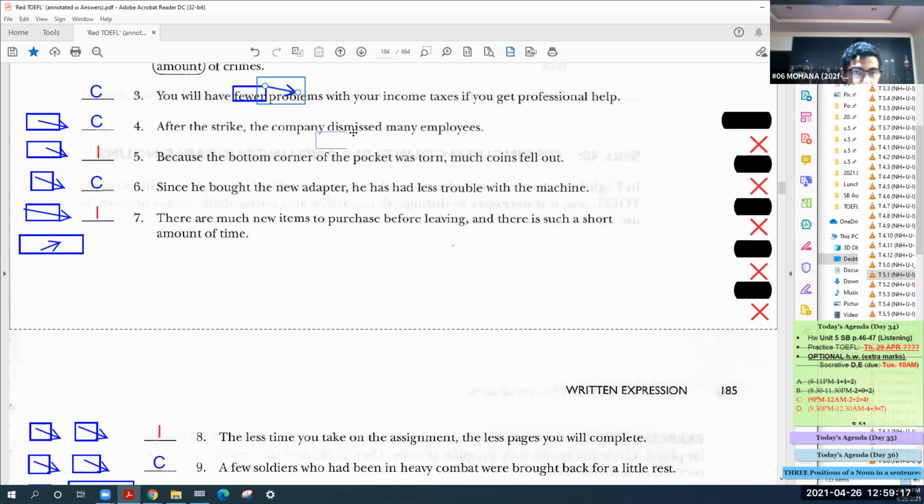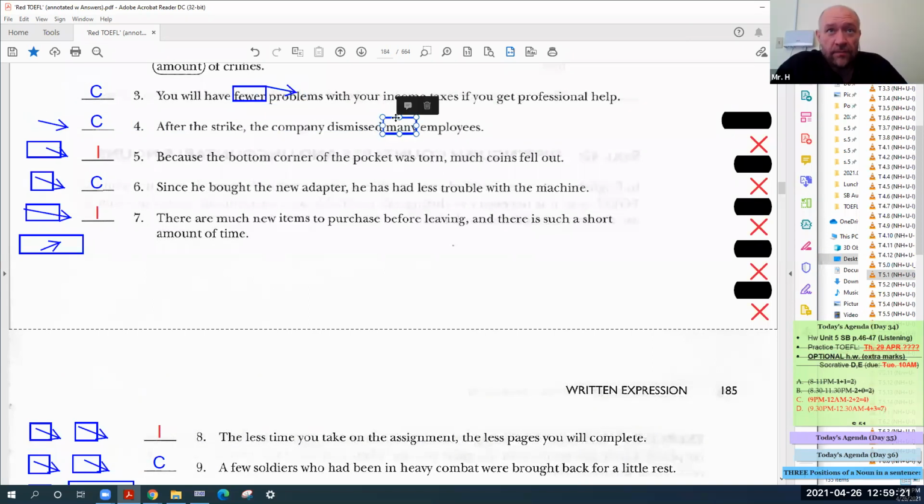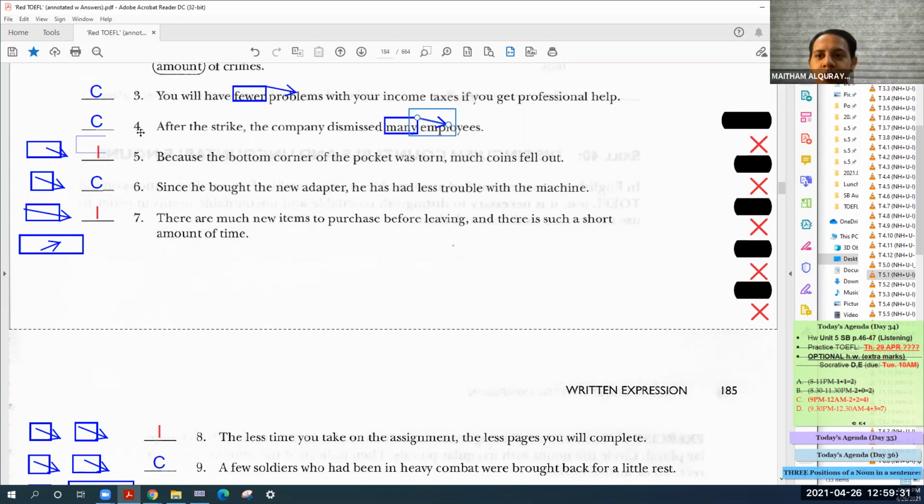Many. Okay, and then the noun. Employees. Okay, good. Metham, how about number 5? Keyword. Much. Okay, and the noun. Coins. Good.